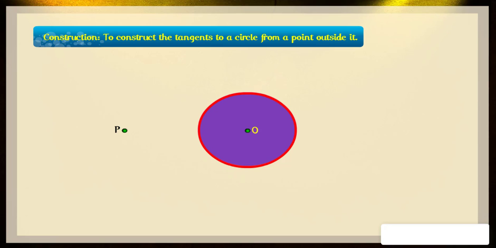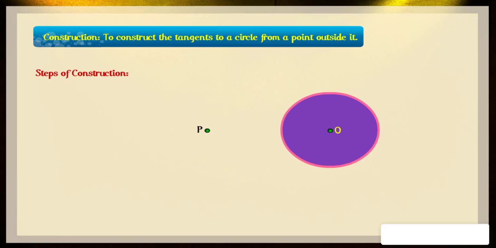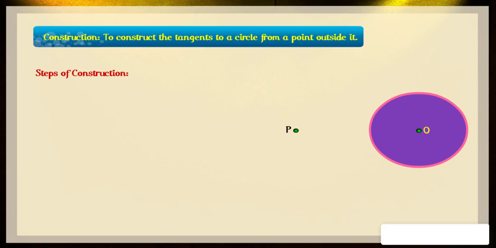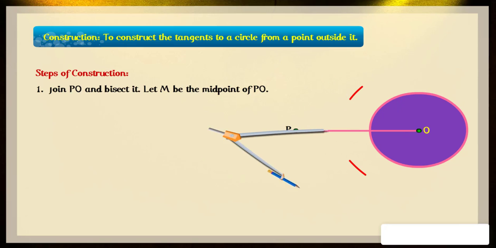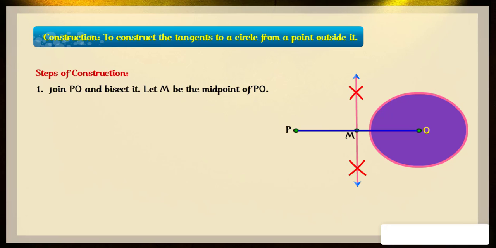We are given a circle with center O and a point P outside it. We have to construct the 2 tangents from P to the circle. Steps of construction. 1. Join PO and bisect it. Let M be the midpoint of PO.